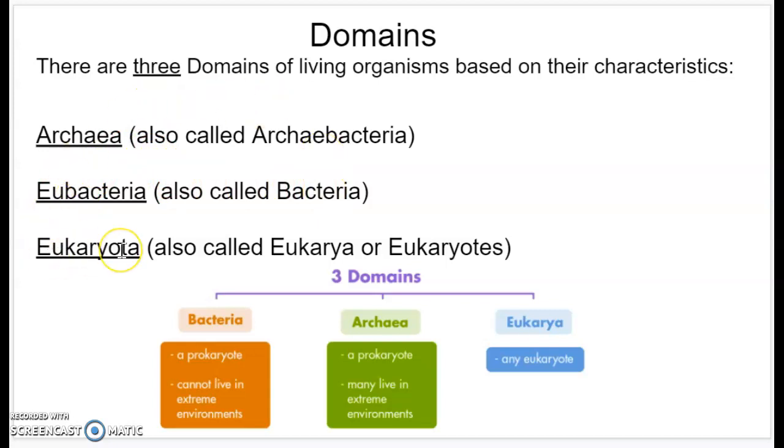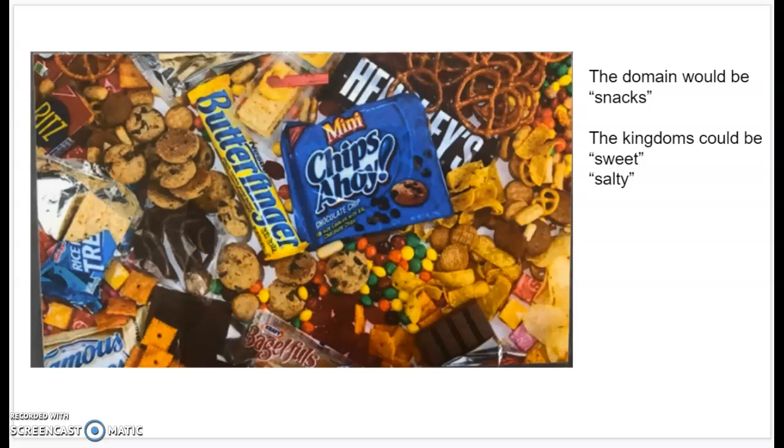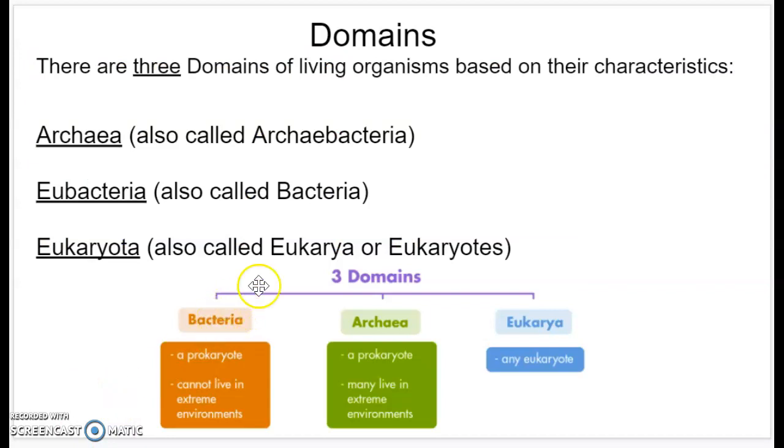Then we have eukaryota, also called eukarya or eukaryotes. Okay, they're the 3 domains: bacteria, archaea, eukarya. And remember, these are the big pictures. Back when we were looking at the snacks picture, the big picture was snacks. That's what domains are. So these are the 3 big pictures.